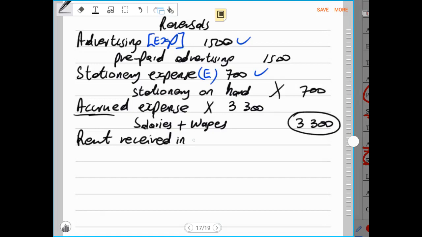Our rent received in advance is an amount of 10,000 rands, and we credit rent income by 10,000 rands.